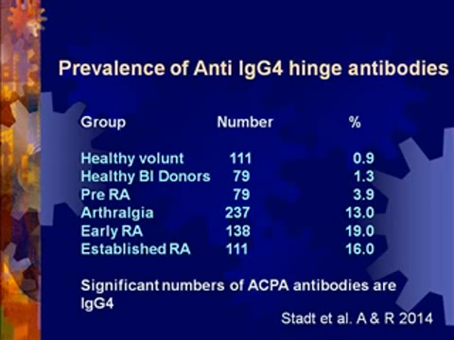Now, it's interesting that the anti-citrullinated protein antibodies that are seen in rheumatoid arthritis, majority of them are of the IgG4 subclass. So that kind of tells you that there is a chronic immune stimulation which leads to the development of these antibodies which are of the IgG4 subclass.